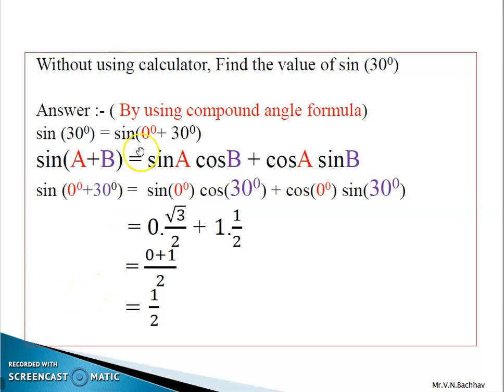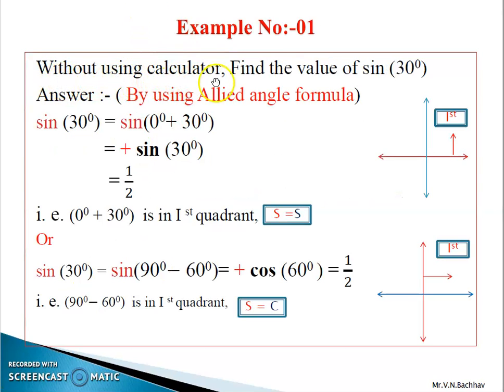Now we check by using the allied angle formula. Without using calculator, find the value of sine 30 degree. Here sine 30 is equal to sine of 0 plus 30 degree. That means above the x-axis, which is present in first quadrant. In first quadrant, all trigonometric ratios are positive.